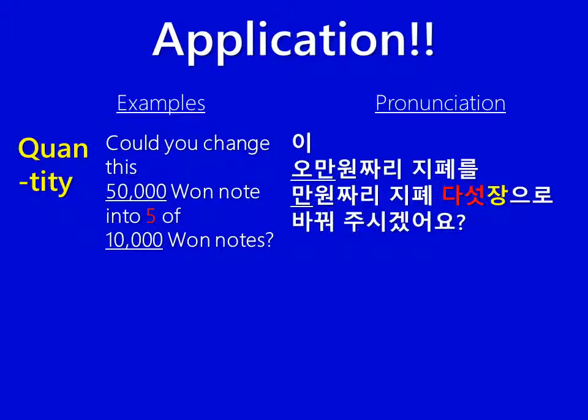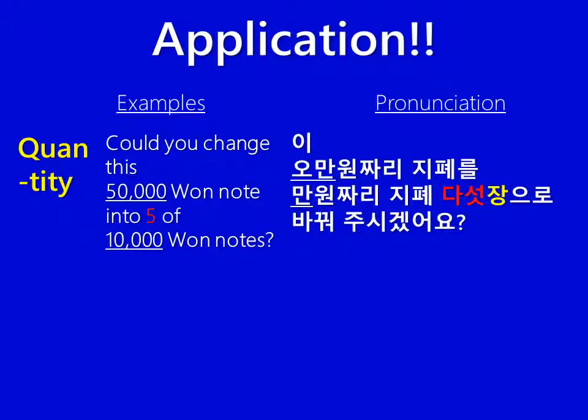Okay, 5 paper. 장 is paper, a unit for paper. So 5장으로 바꿔주시겠어요? 바꿔주시겠어요 means could you please change? Now 5만 or 만 원, okay, 50,000 or 10,000. These are represented by money.